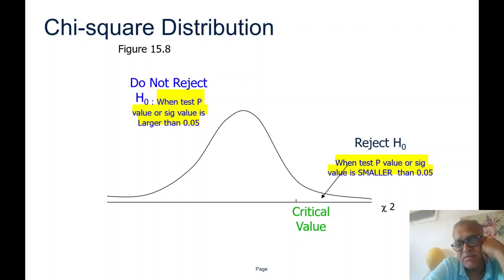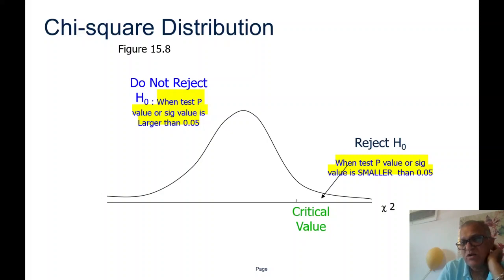Just remember this figure, 5%, because we want to be 95% confident that what we are saying is true. We are allowing only 5% error, so we are not allowing more than 5% error. That's why our rule of rejection or non-rejection is 5% or 0.05.